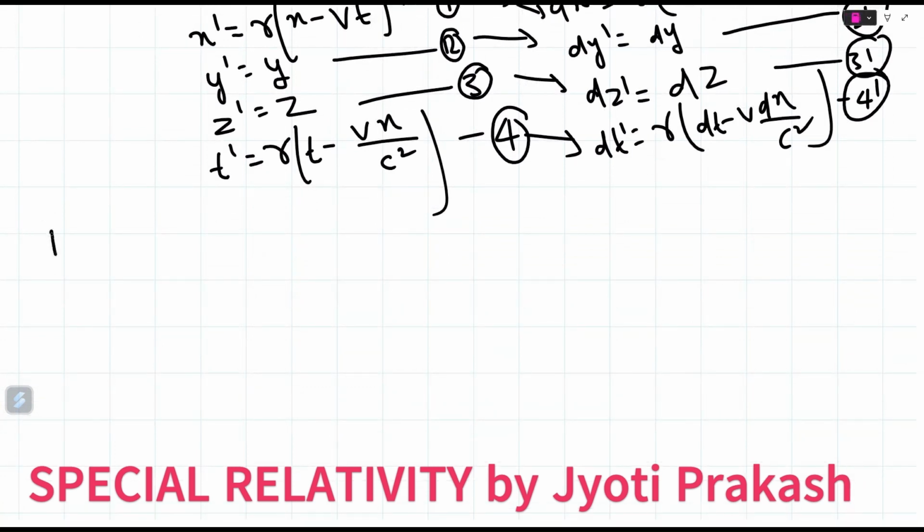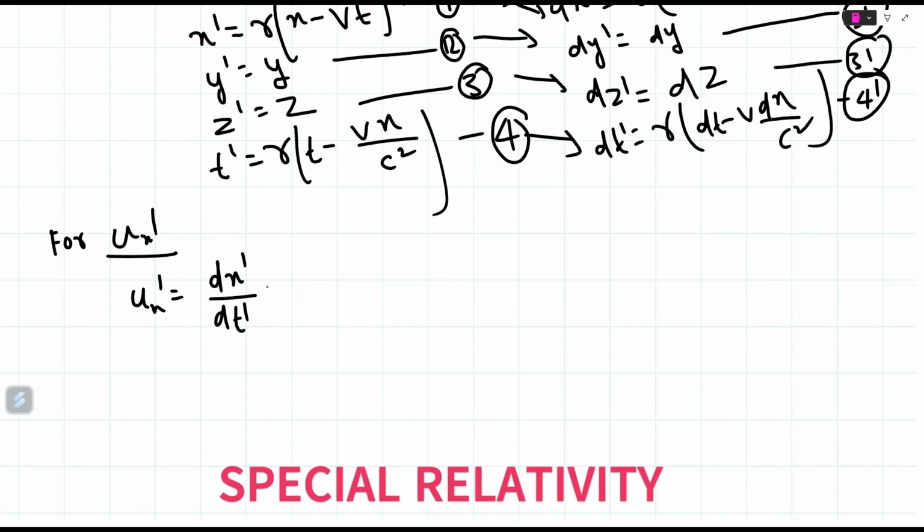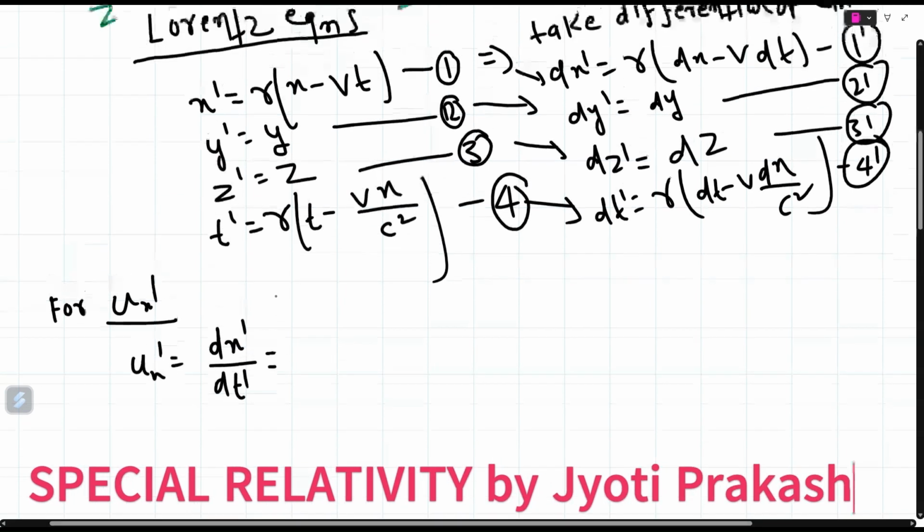For ux prime, we can write ux prime equal to dx prime by dt prime in the limiting case.